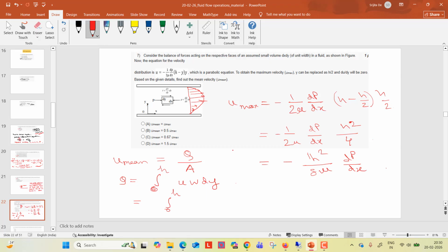So it will be u into dy. u is given like minus 1 by 2 mu dp/dx (h minus y) into dy. So if you do the integration, what will it come to?